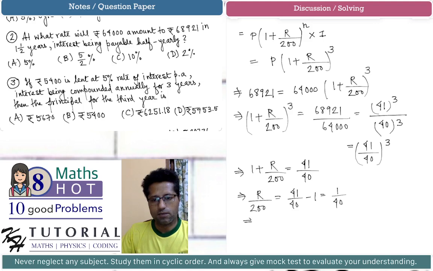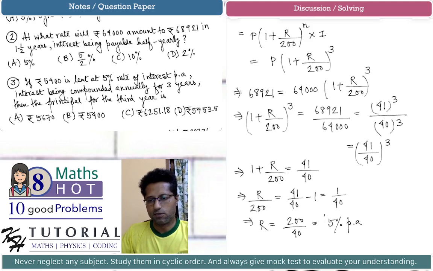So r is equal to 200 divided by 40, which is equal to 5. So r, the rate percent per annum, is 5%, and hence the correct choice is A. A is the correct choice.